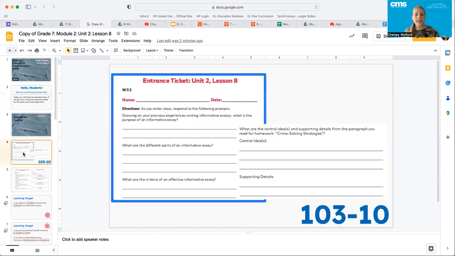All right, so let's look at our entrance ticket for today. Again, these page numbers are probably not going to be correct because your workbooks got an update, but go ahead and find this in your workbooks. And hang on just a second, I accidentally closed out of mine, so I have to pull it back up really quickly.